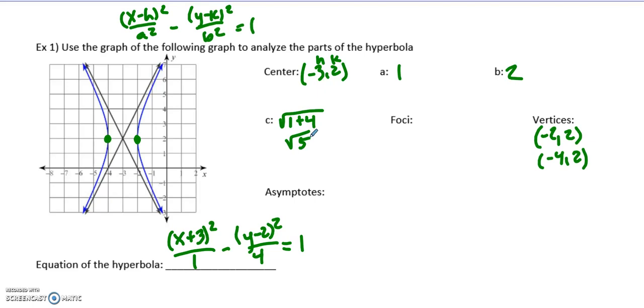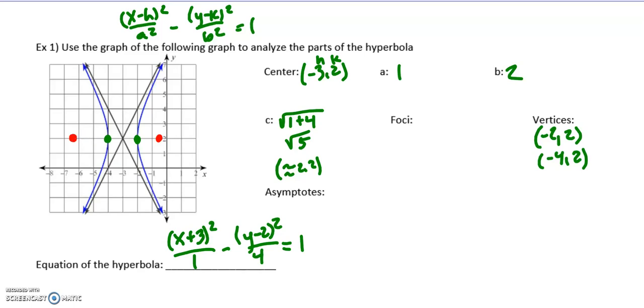And if we just check that out real quick, the square root of 5 is around 2.2. So when I think about it, the foci are inside my graph, a distance of 2.2 away. So if I come to my center and go 1, 2.2-ish, puts it there, and 1, 2.2-ish, puts it there.